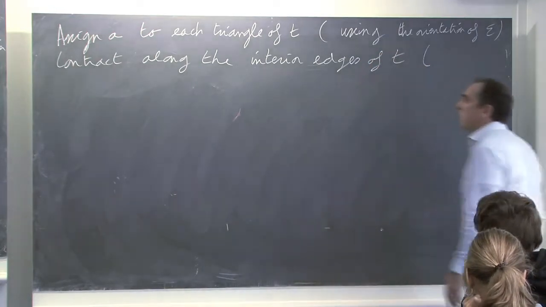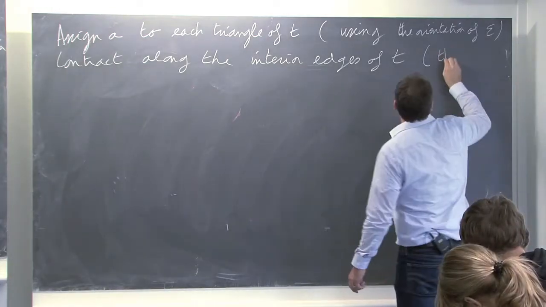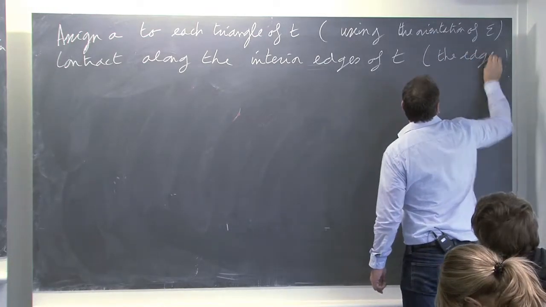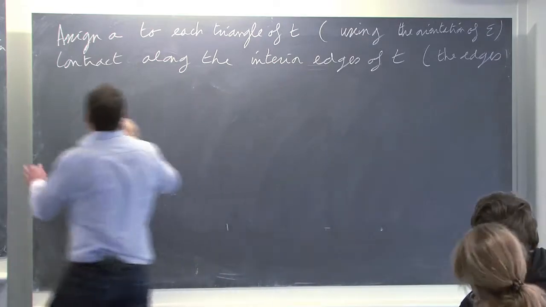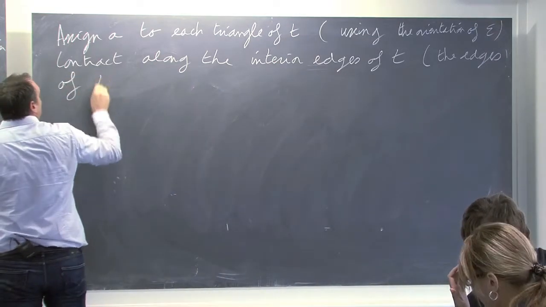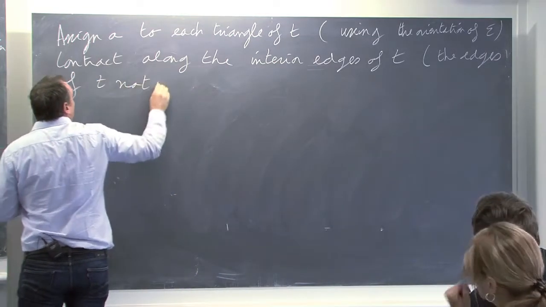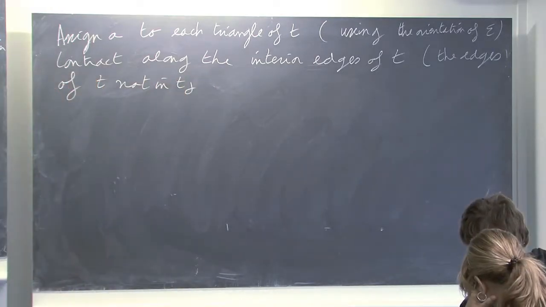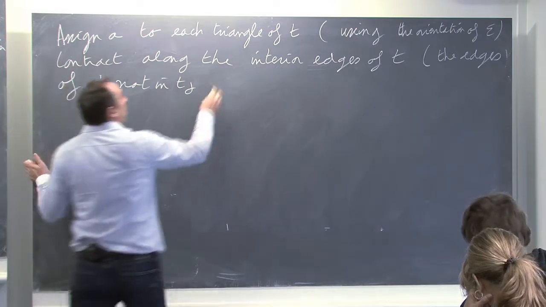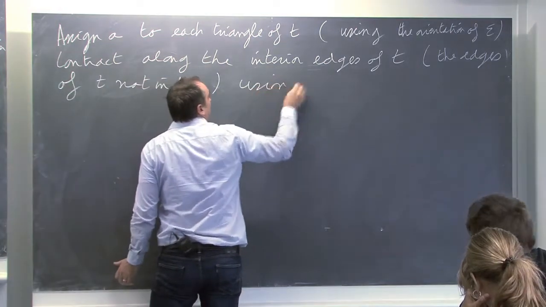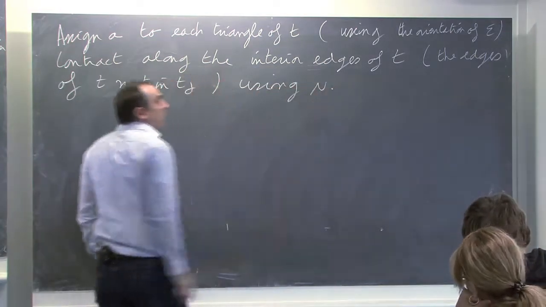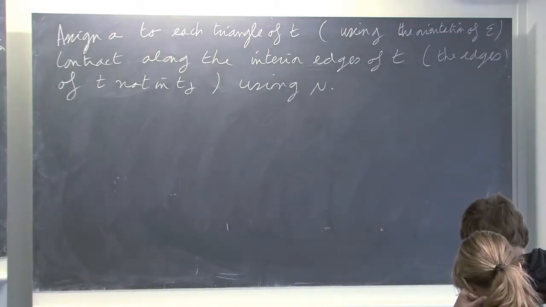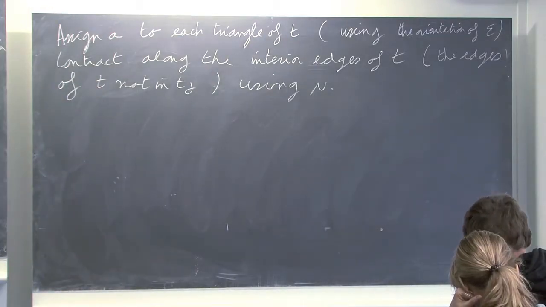What does it mean? This means the edges of T not in the boundary, that is, not in T_delta. Again, using mu. So, what do we obtain?